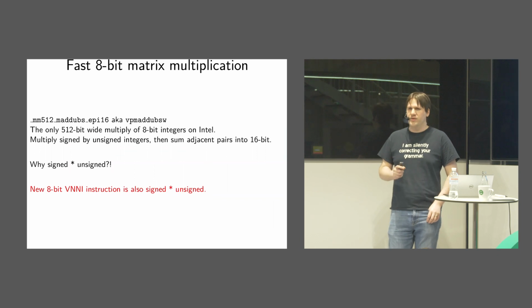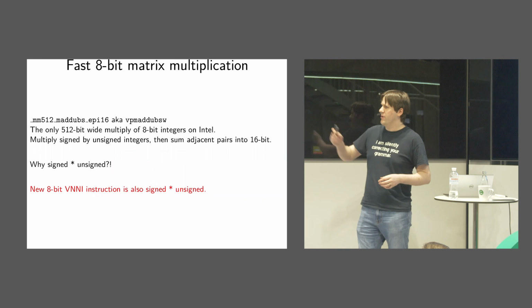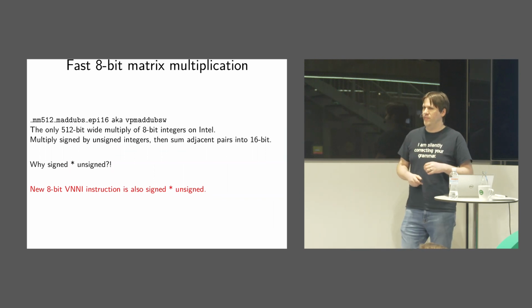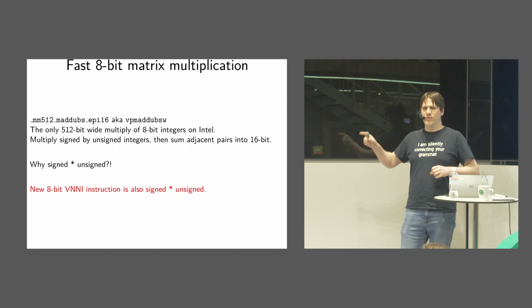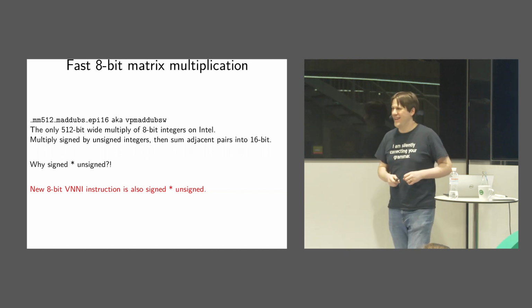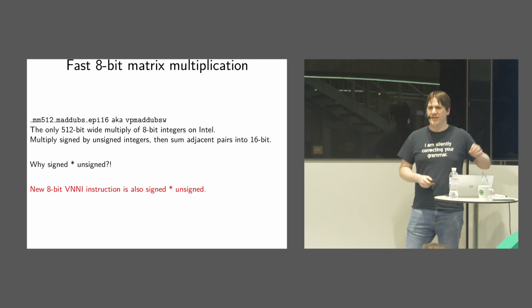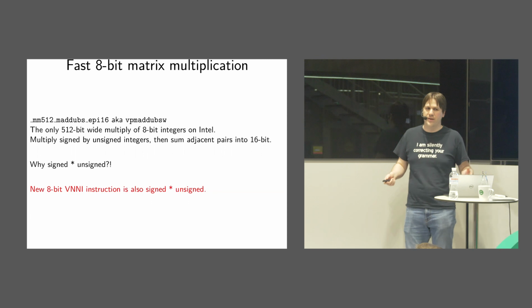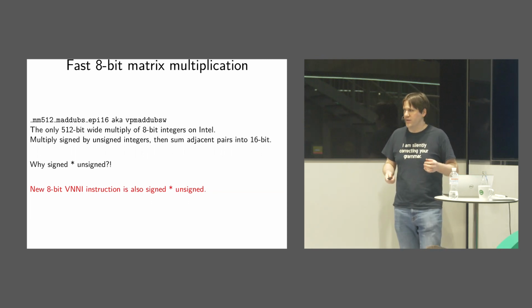There's one instruction, and this is my rant to Intel, where if you're coding in C, it's madd ubs, and then if it's in assembly, it's vector packed multiply add unsigned by signed wide. That's it, and it's the only instruction that does an 8-bit integer multiply, which is the basic operation if you're doing matrix multiplication in a neural network with 8-bit integers.